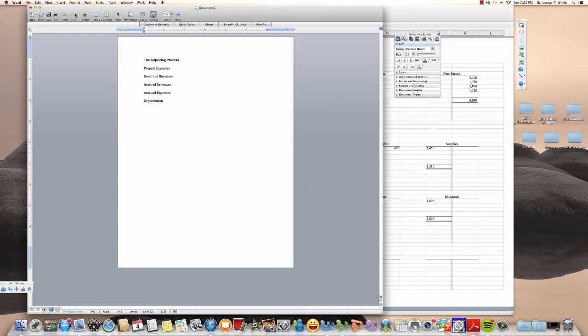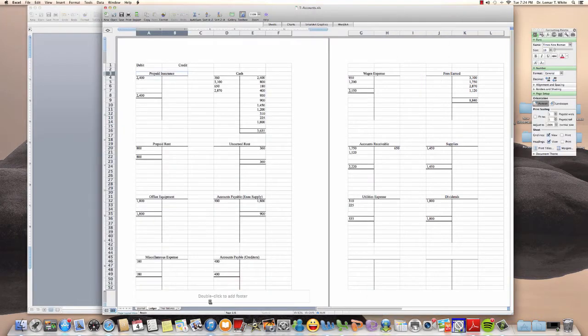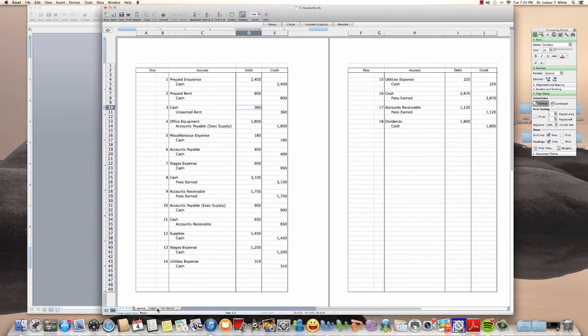So at the beginning of the period, when we make the prepayment, we debit our asset account, because prepaid insurance is an asset. We credit our cash.